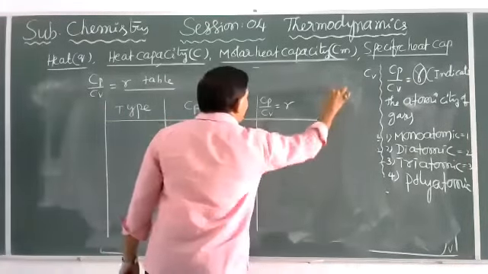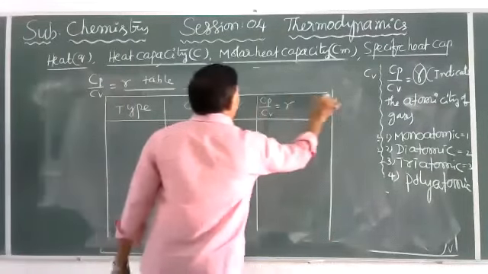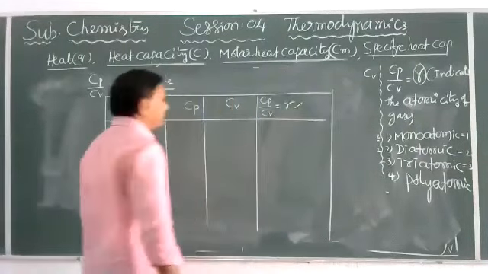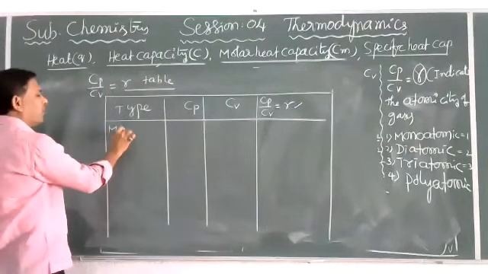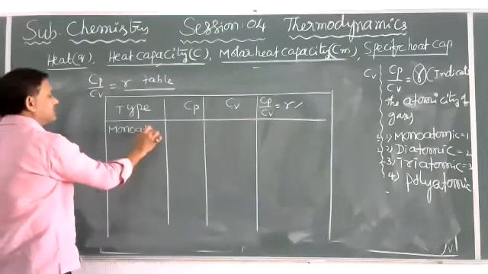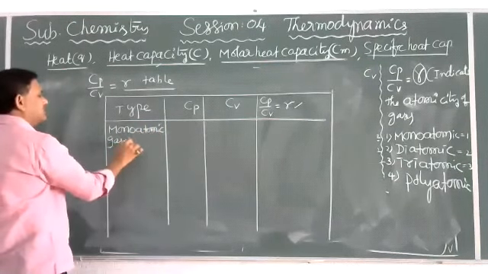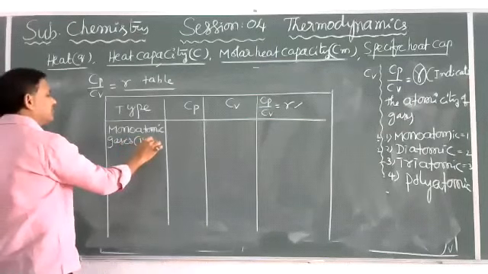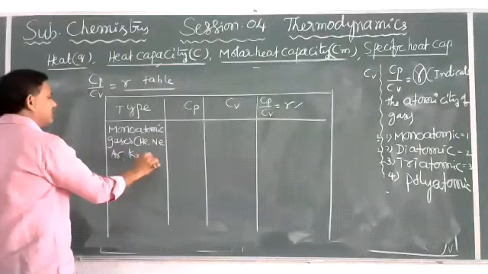This table is very, very important. While doing some problems, we want the value of gamma. So here the first one is monoatomic gases. Monoatomic gases means here helium, neon, argon, krypton, xenon.